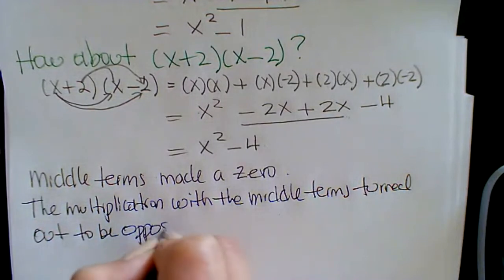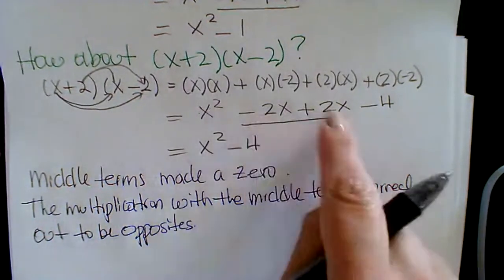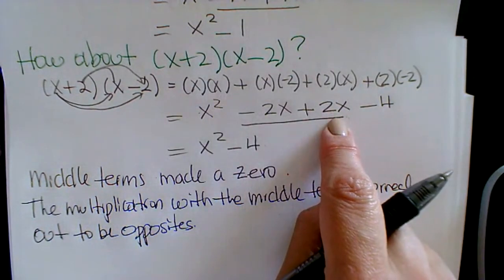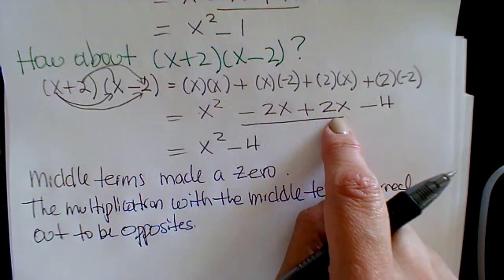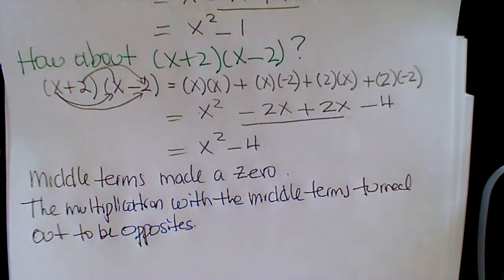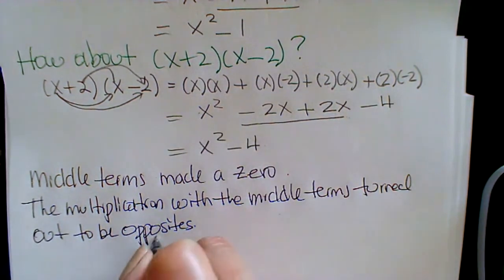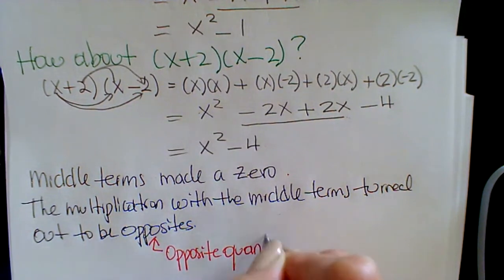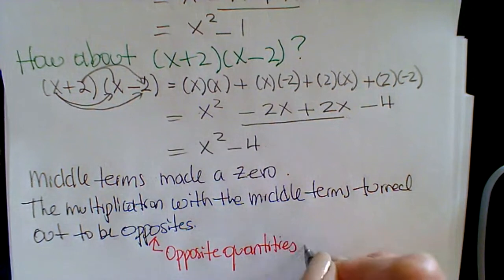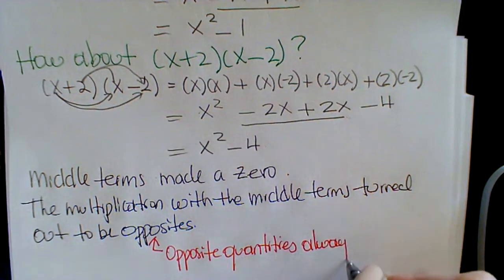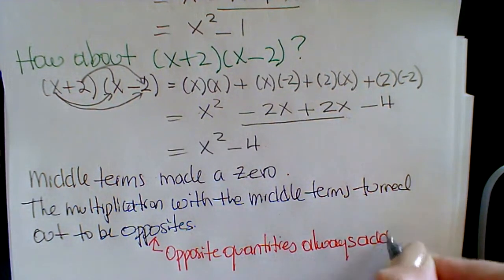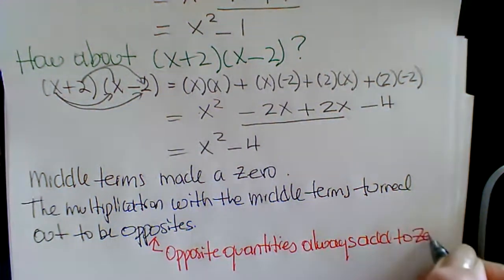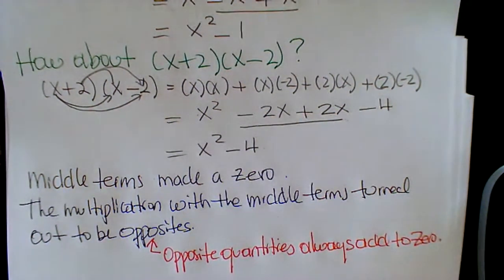Opposites. And we see it here, right? And what do we say about opposites? Opposite quantities always add to zero. Don't forget that.